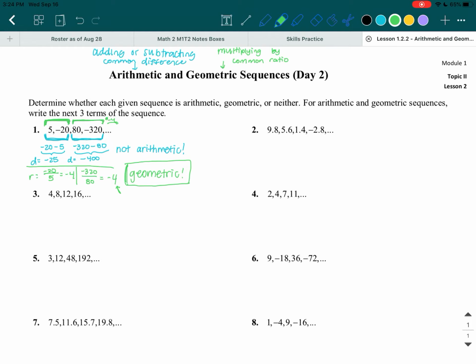So negative 320 times -4 gives us 1,280. Then you need to multiply by -4 again. You'll get negative 5,120. And then you need to multiply by, you guessed it, -4 again, and you'll get positive 20,480. So 20,480.